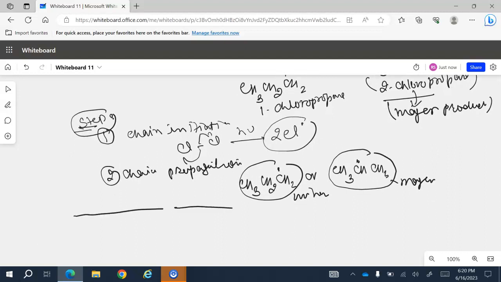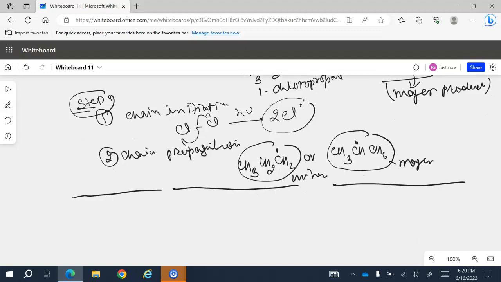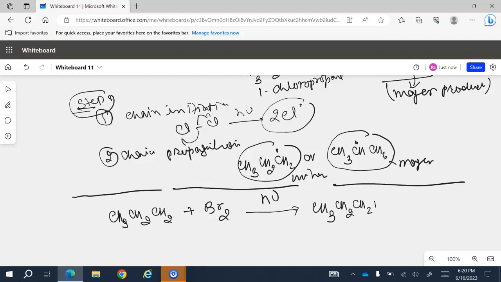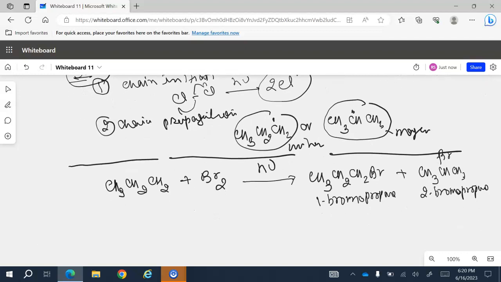Now if you do the bromination reaction of the same compound, say for example propane, again we react with bromine in presence of sunlight, h nu. Again there are two possible products, CH3CH2CH2Br, this is 1-bromopropane, and here is CH3CHBrCH3, this is 2-bromopropane.